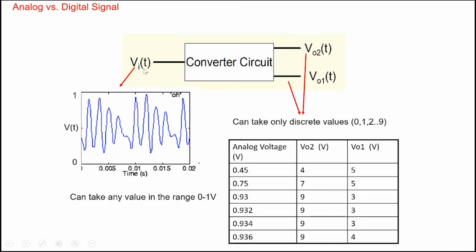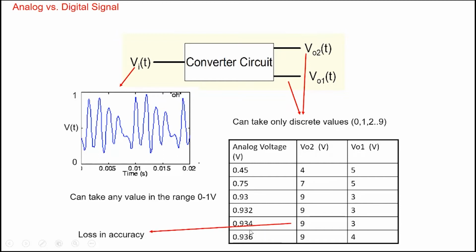So we are taking an analog signal, which is varying continuously and can take any value between 0 and 1. Note that it could be 0.934, 0.935, it could be anything. But we are converting it into a 2-digit number, where each digit is a decimal digit that can take any value between 0 and 9.